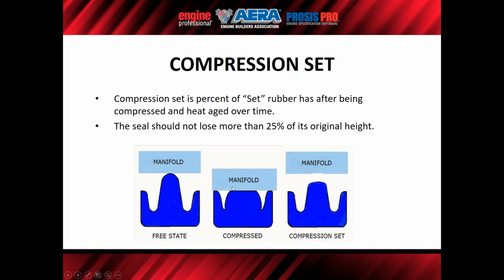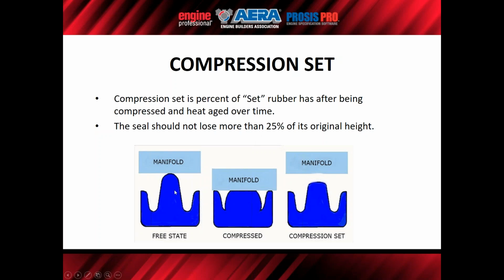The manifold is clamped up and installed. Boom, you run the engine. The seal is compressed and heat cycled over and over and over. You go to take the manifold off for whatever reason, and you're left with a little bit of recovery. So what you see here is the original height, clamped up, unloaded, and now it's got this set that has occurred. What you don't want is a set that is greater than 25% of the original height of the bead.